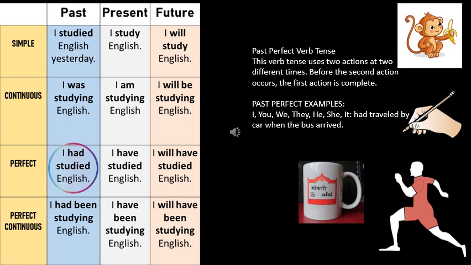So the past tense perfect uses two actions. One action is complete when the other one was occurring. ಹಾವು ಗೆಲ್ತೆನ ತಂಗೆಲೆ ಕೊಂಕಣಿ ಶಿಕುನ್ ಜಲ್ಲೆ. When I went there, they had finished learning Konkani.